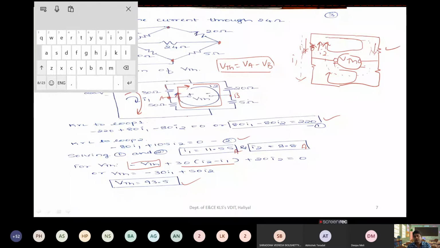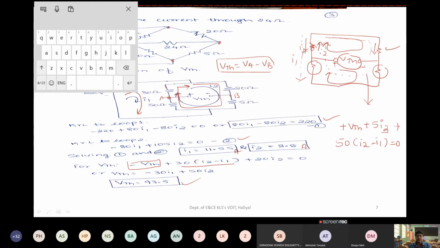If you want to calculate VTH through the other loop also, going clockwise, I will get plus VTH. This resistor is 5, and I2 is flowing there, plus here we have 50, so you can write 50 times (I2 minus I1) equal to 0.